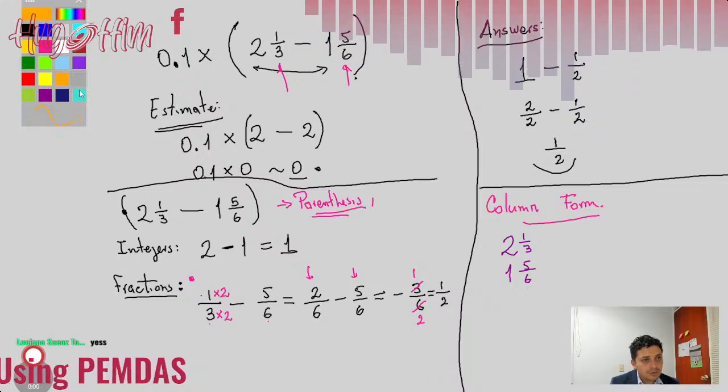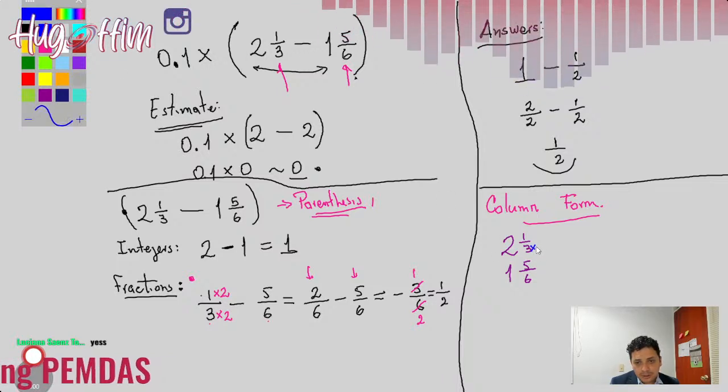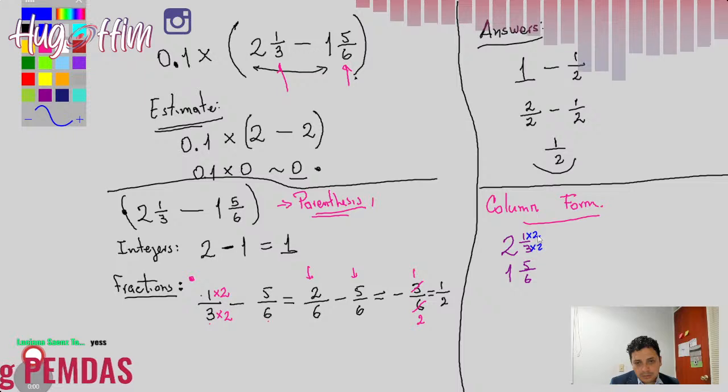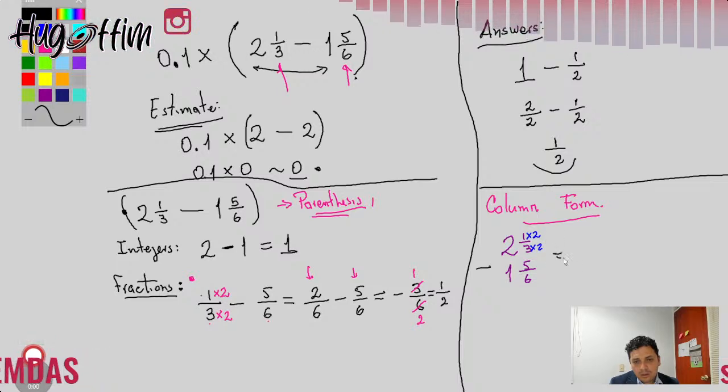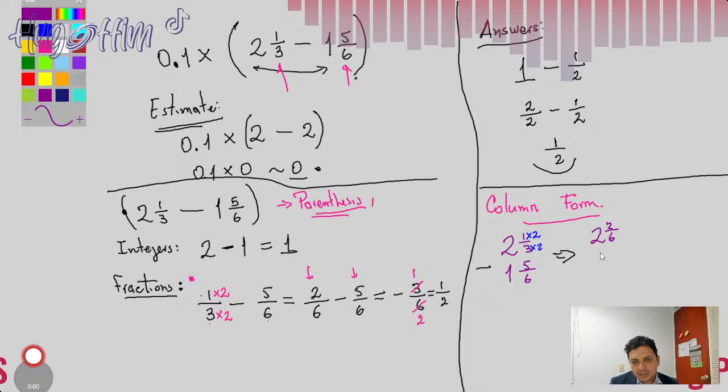So just multiply by 2 here. So you have common denominator. So you get 2 over 6, and here 1, 5 over 6.